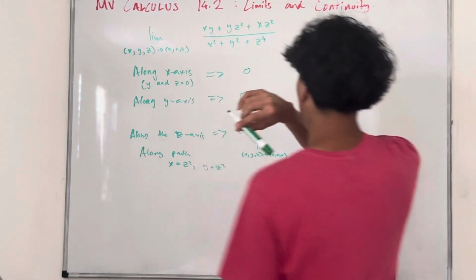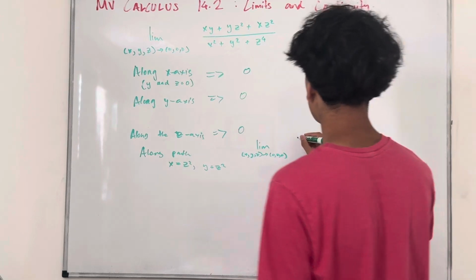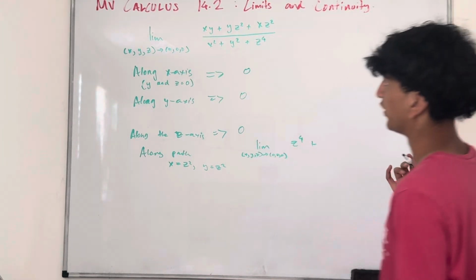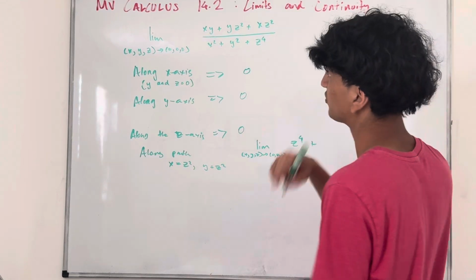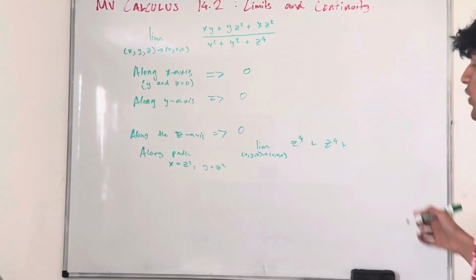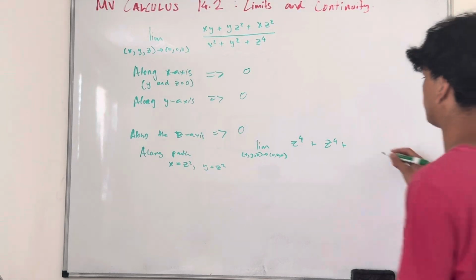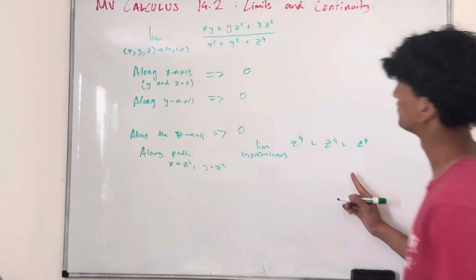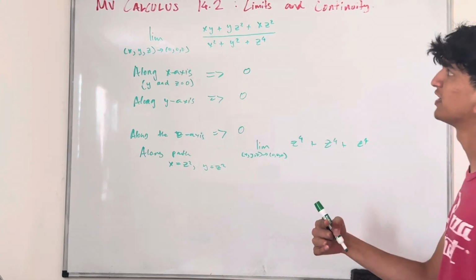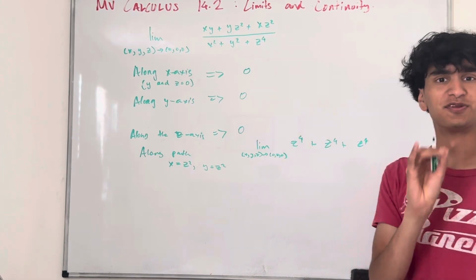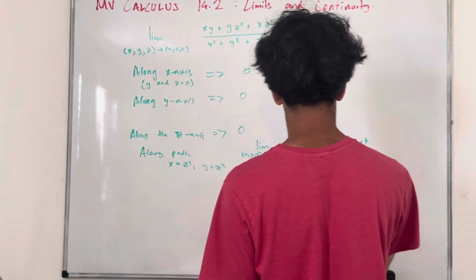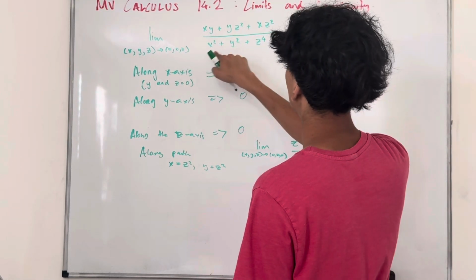So x times y is z squared times z squared, that's z to the 4th. I'm just substituting in z squared for those two, and then all over z to the 4th plus z to the 4th.